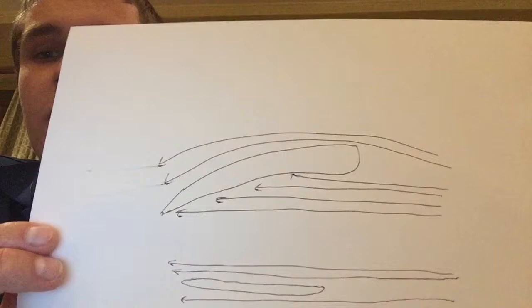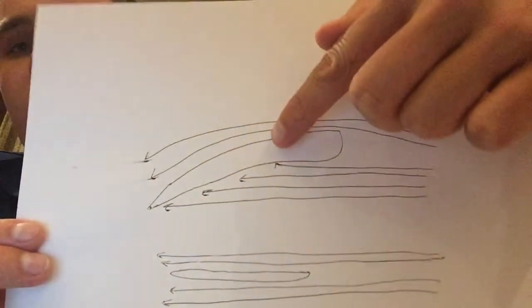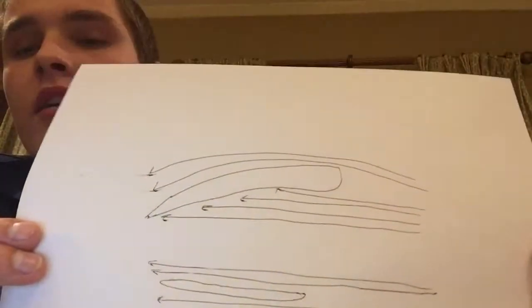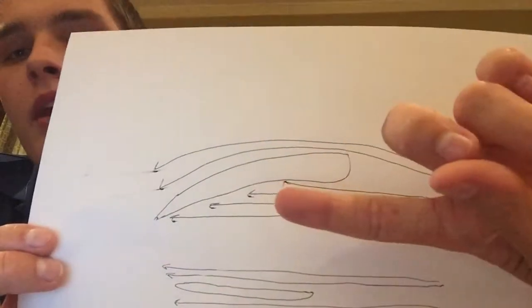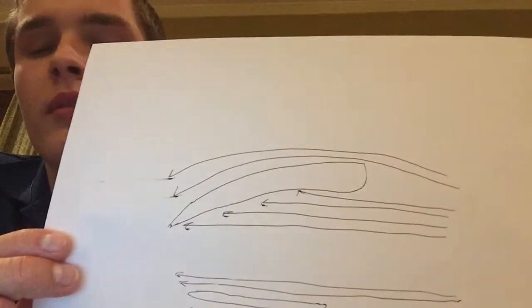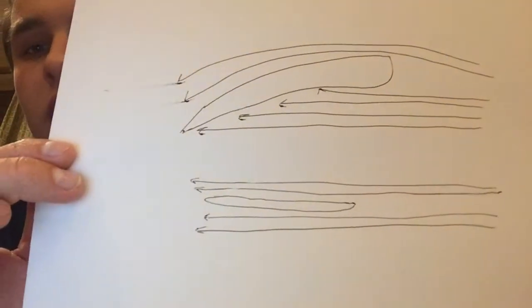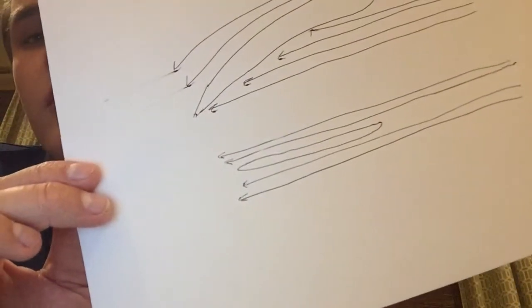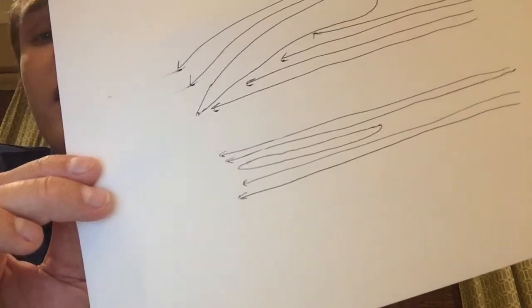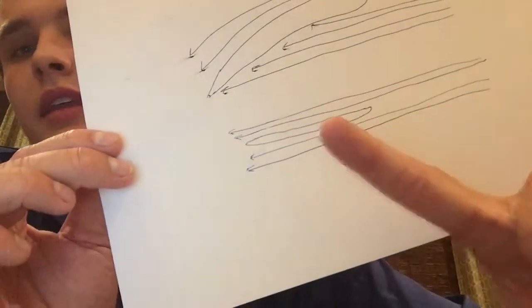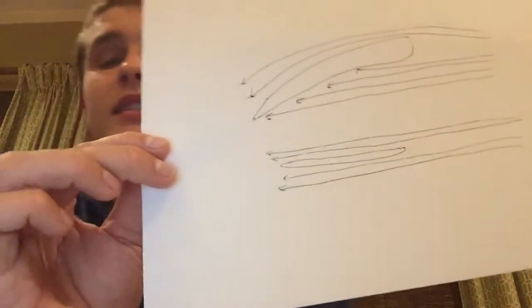The Bernoulli pressure difference, where this air goes faster than this air, creating more pressure on the bottom of the wing where there is slower moving fluid. Or this one, which, when the angle of attack is changed, more lift is created because more air is hitting the bottom here. That's the same kind of lift used in kites and flying squirrels.